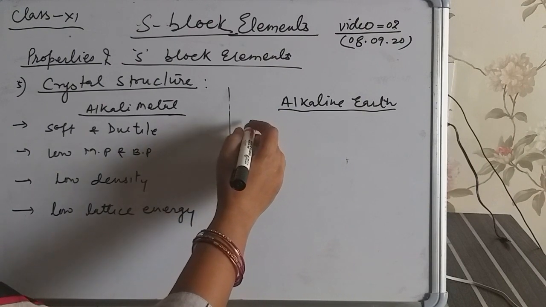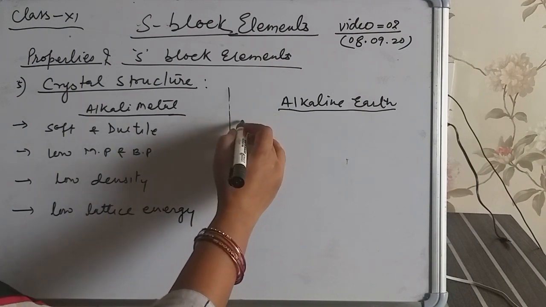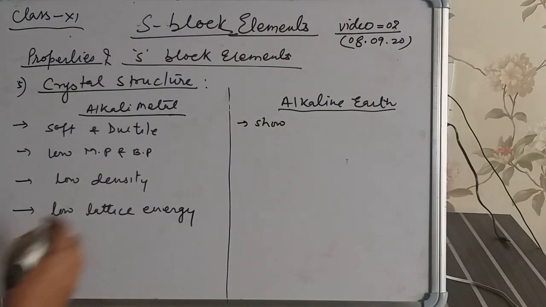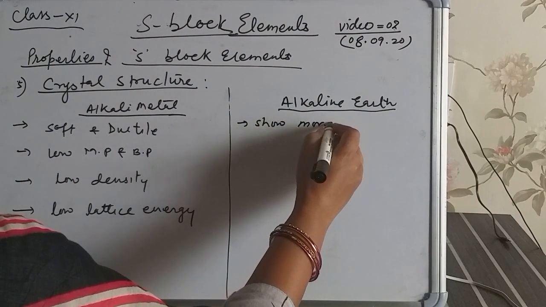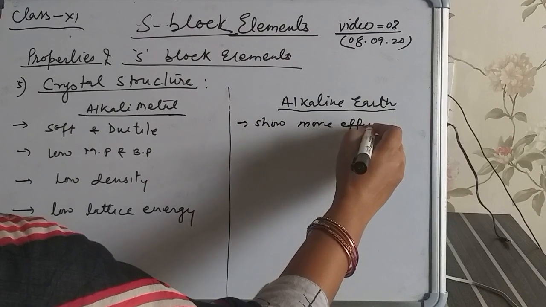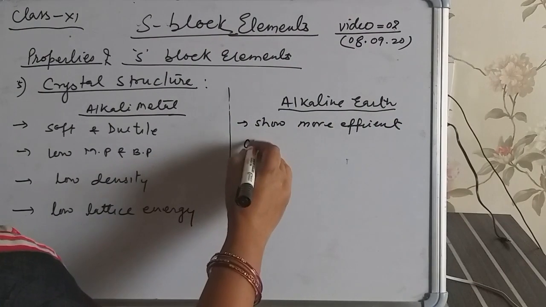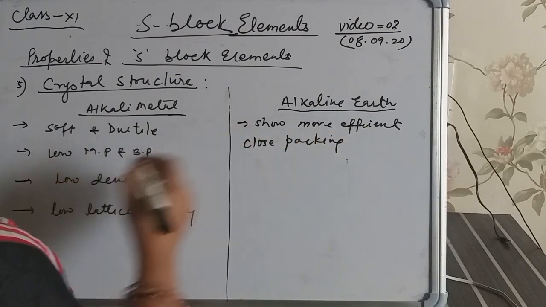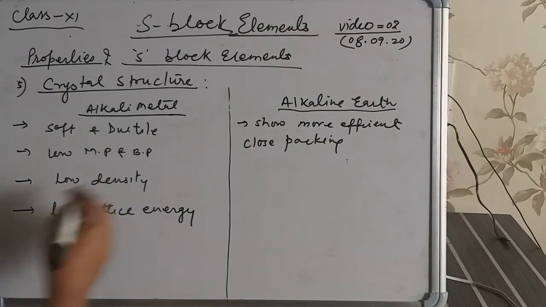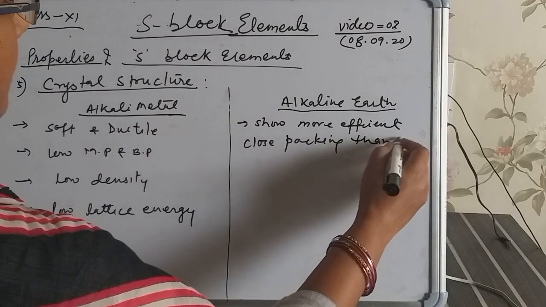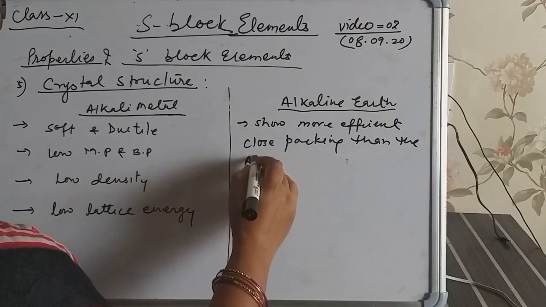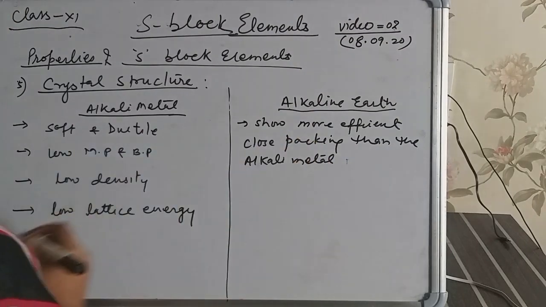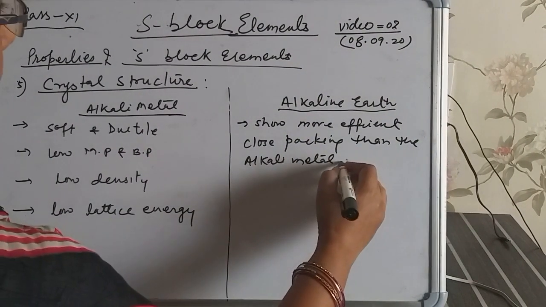Alkaline earth metals show more efficient close packing than the alkali metals.